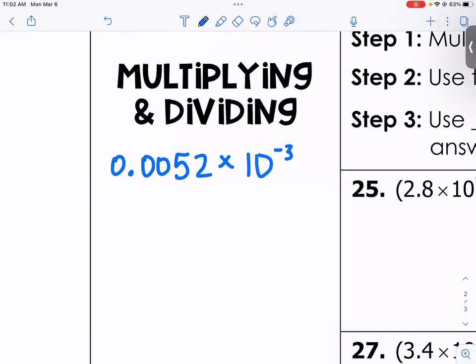Is this correct scientific notation? No, it's not. So we are going to have to move the decimal how many times? Okay. We need to move the decimal to the right 3 times. How is that going to affect our exponent? Is our exponent going to get smaller or bigger?